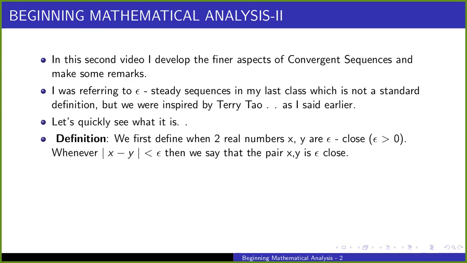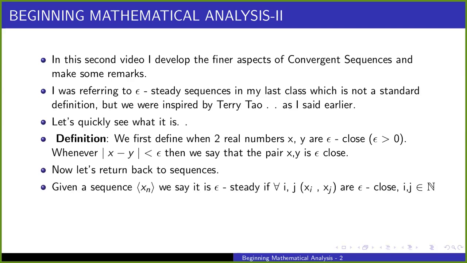We first define when we say two numbers x, y are epsilon close. Whenever the absolute value of x minus y is less than epsilon, that is, the distance between x and y is less than epsilon, then we say the pair x, y is epsilon close. So let's return now to sequences. What I did earlier is just to look at a pair of numbers on the real line, but now let xn be a sequence.